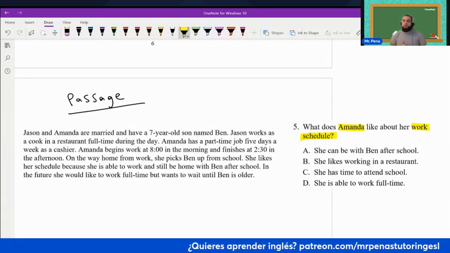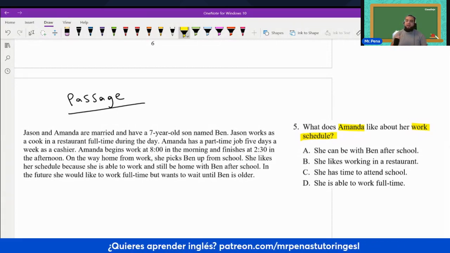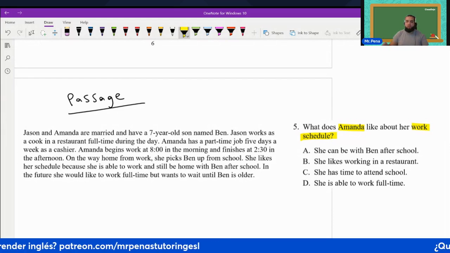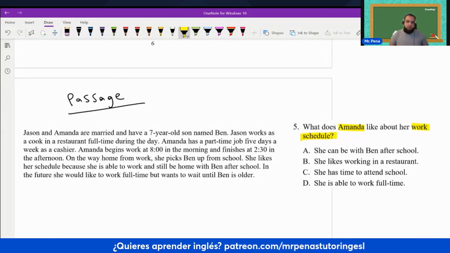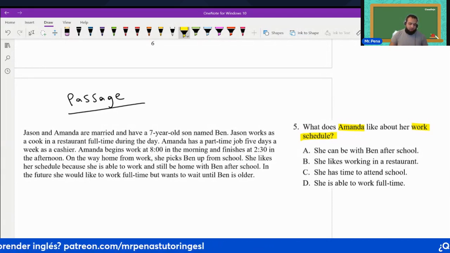On the way home from work, she picks Ben up from school. She likes her schedule because she is able to work and still be home with Ben after school. In the future, she would like to work full-time, but wants to wait until Ben is older.